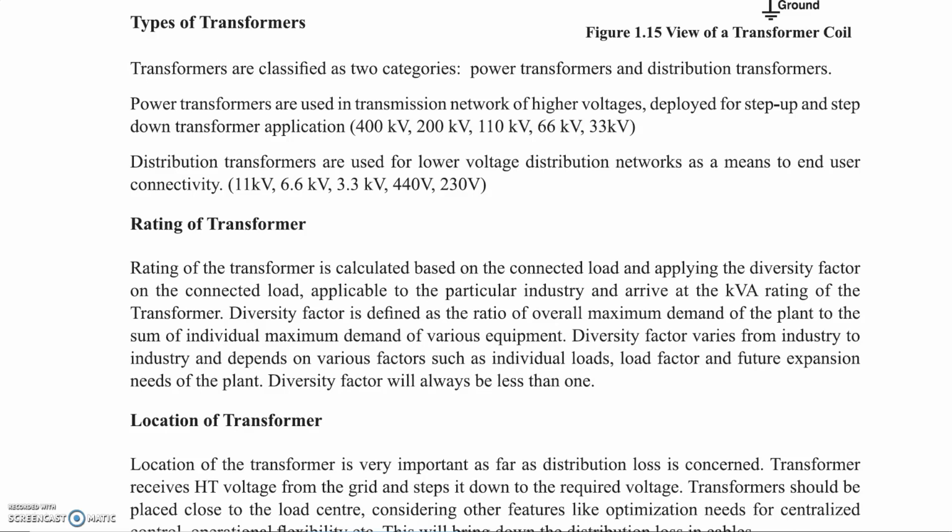But according to the connected load, we will have to make some calculations of what is called a diversity factor. Now, diversity factor is the ratio of overall maximum demand of the plant or a particular building to the sum of individual maximum demand of the various equipment or appliances.